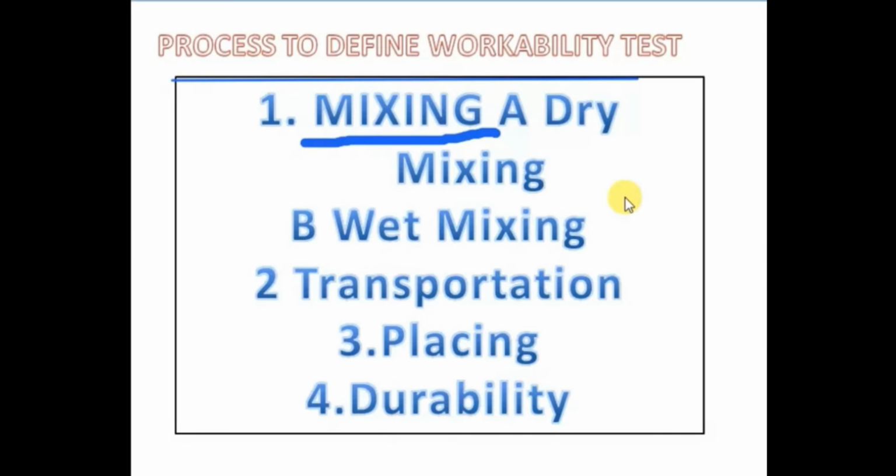Then the second procedure is transportation. Wherever that material has been made, it has to be transported to some location nearby where the construction is going on, for example where the wall is being constructed or even the slab is being constructed.